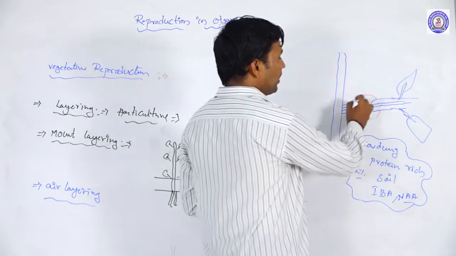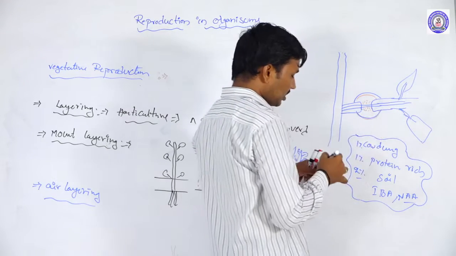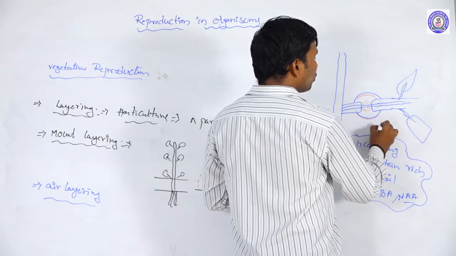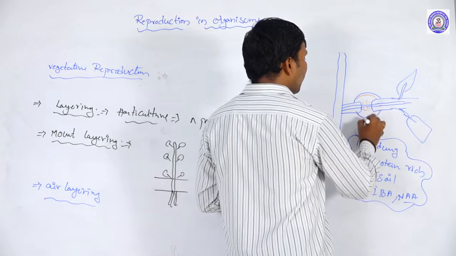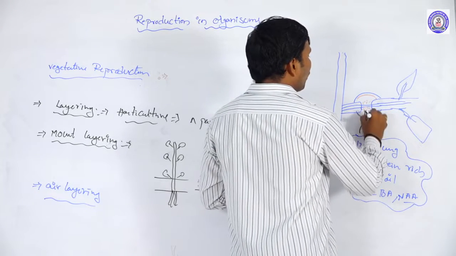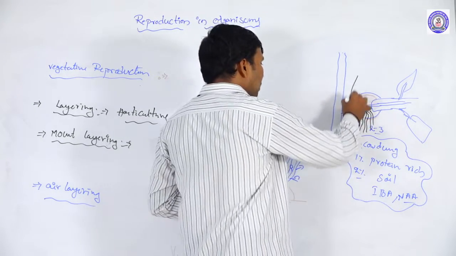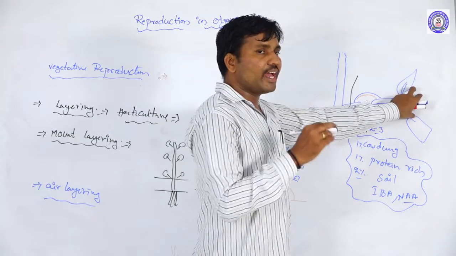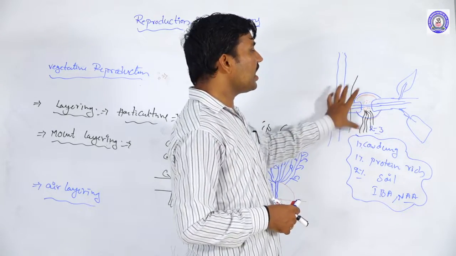We place this layering mixture wherever we formed the ring, and later cover it with tape or polythene covers and tie it. After 2 to 3 months, wherever we injured or layered, that portion starts rooting from the stem. At that time we separate this stem branch from the parent, and it develops as a new plant. This is called air layering.